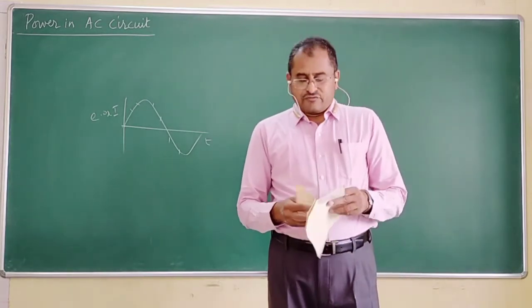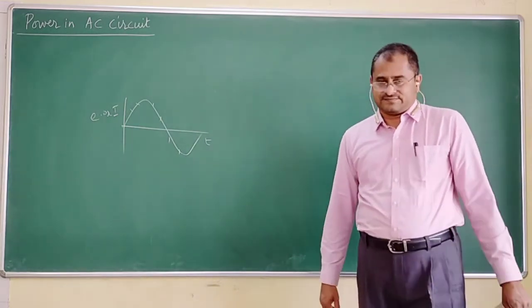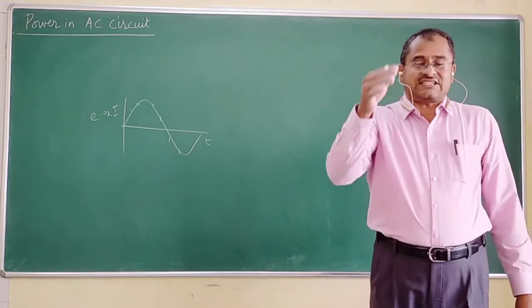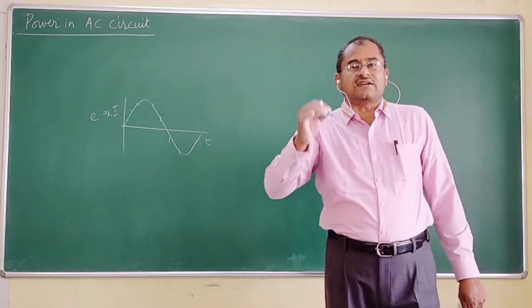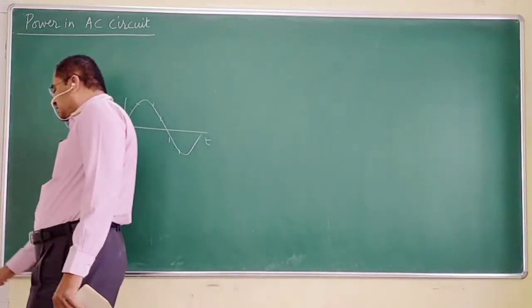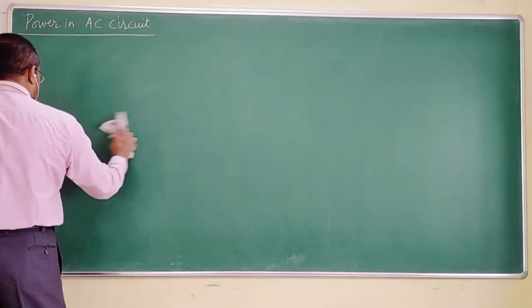Instead, we try to calculate instantaneous power averaged over one cycle of AC. How to do that? That's what I am trying to explain to you and derive an expression for that now.